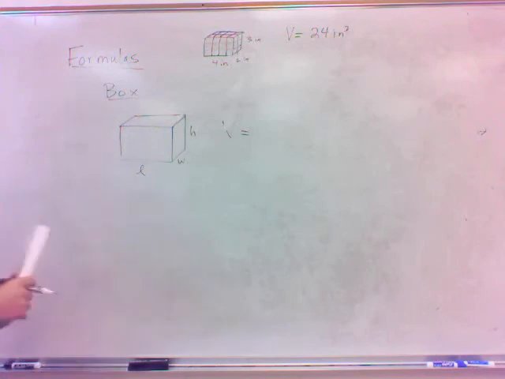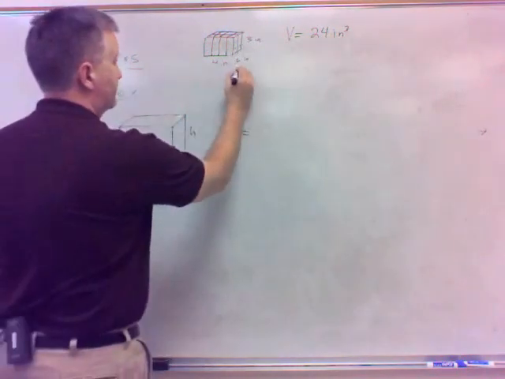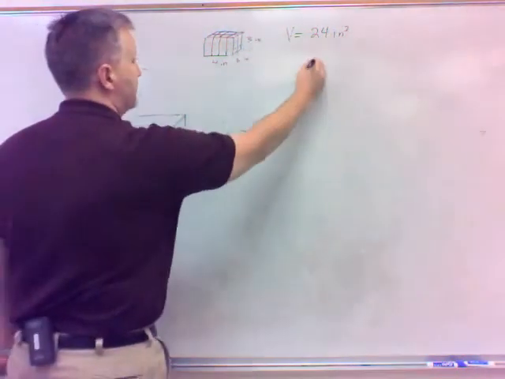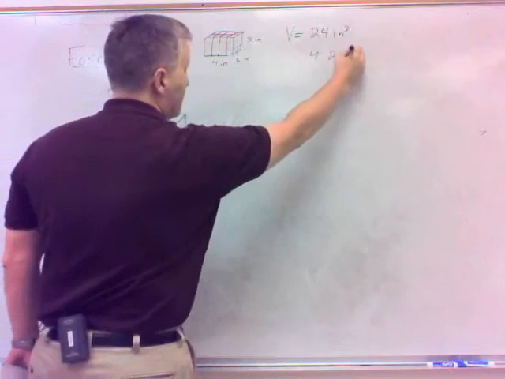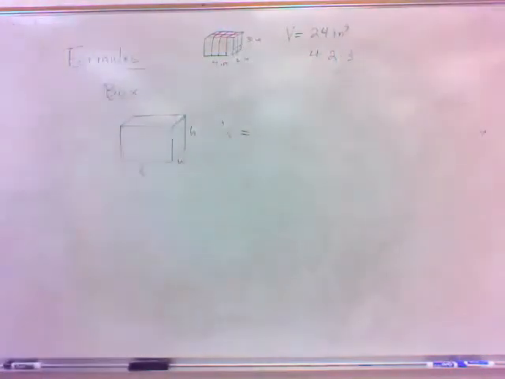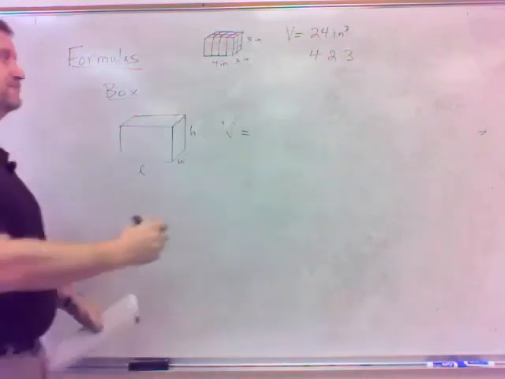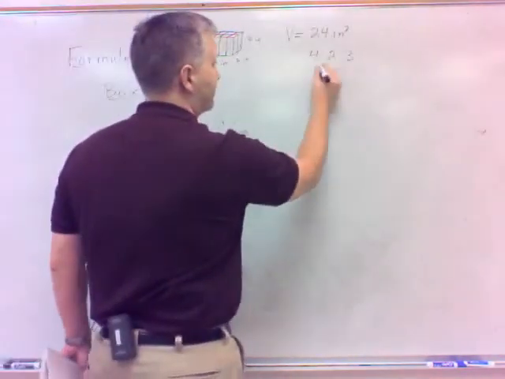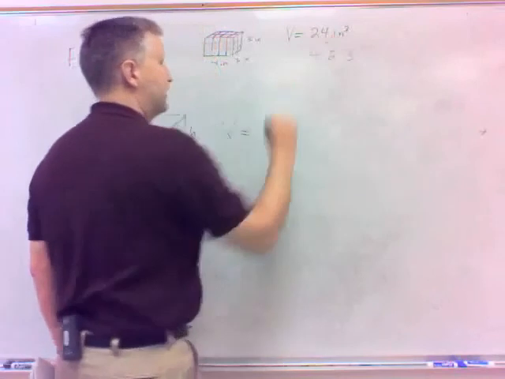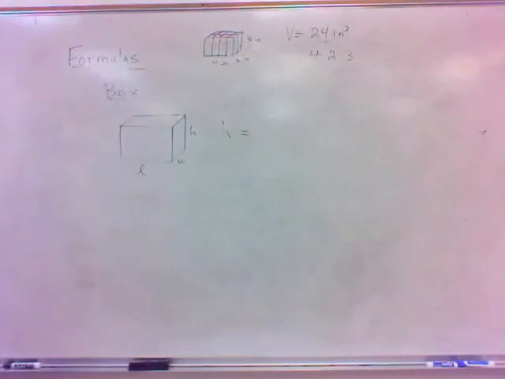Now, if you look at it, I've got the dimensions 4, 2, and 3. Is there any way to get 24 out of 4 and 2 and 3? Well, of course, multiply those 3 things together. 4 times 2 times 3, you get 24.